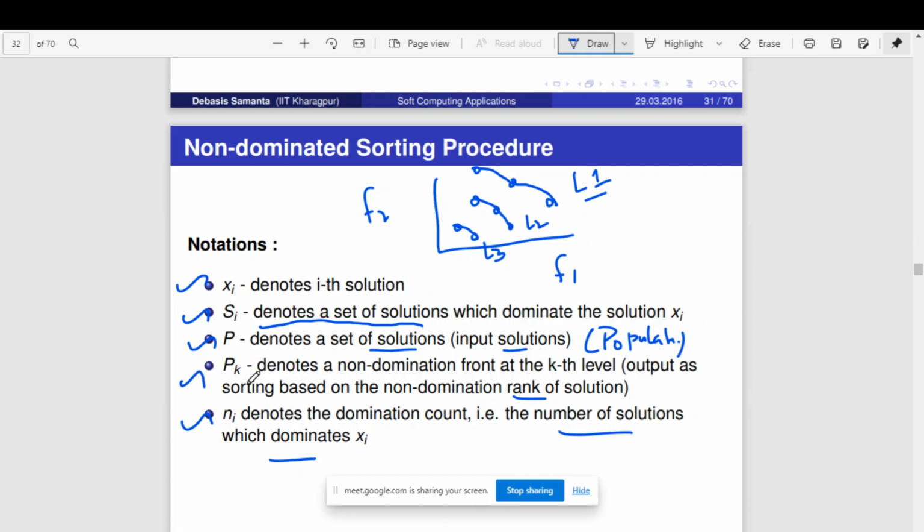Good, good. What is Pk? At the kth level. Yeah. If, for example, Si is an empty set, then what is Ni? 0. Yes. Okay. If Si is an empty set, then Ni will be 0. In that case, what will be the rank of Xi?